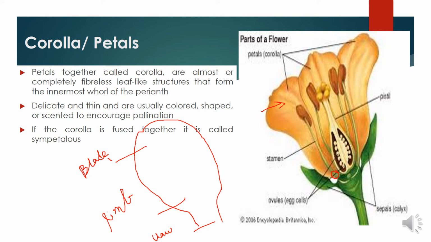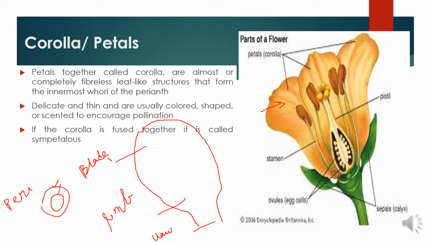The outer layer of sepals and the inner layer of petals can sometimes be indistinguishable. That is, we cannot distinguish the petals from the sepals, and that type of structure, where petal and sepal cannot be distinguished, forms a single whole called the perianth.